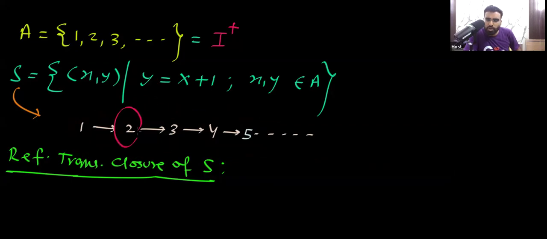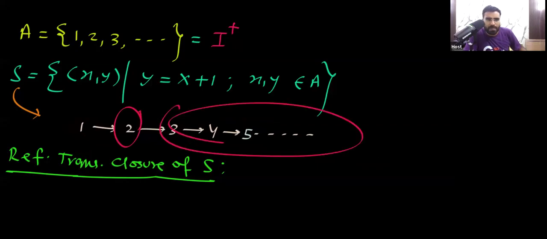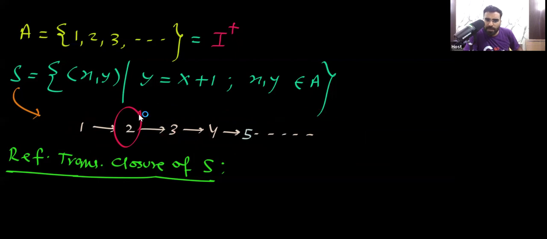Similarly, from 2 every bigger number is reachable by a path of length at least 1. From 2 to 4 there will be an edge, from 2 to 5 there will be an edge. From 3 to 5 there will be an edge, from 3 to 6 there will be an edge, and so on.